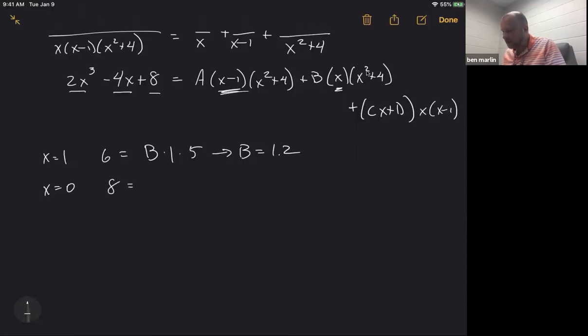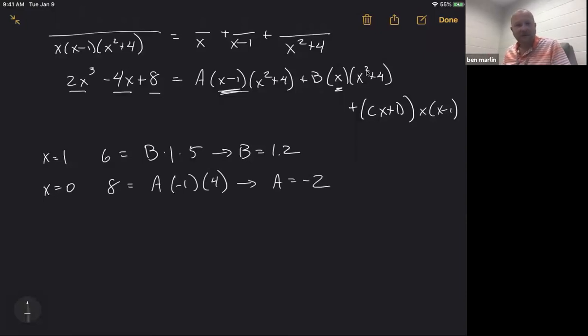And so 8 equals, because the left-hand side is easy to do, a times minus 1 times 4. So that says that our a is going to be equal to minus 2. Boom, done.